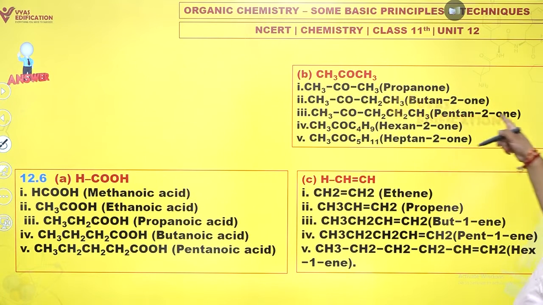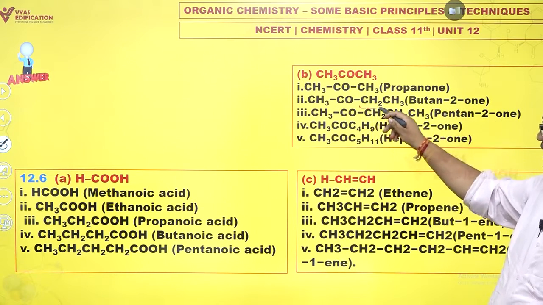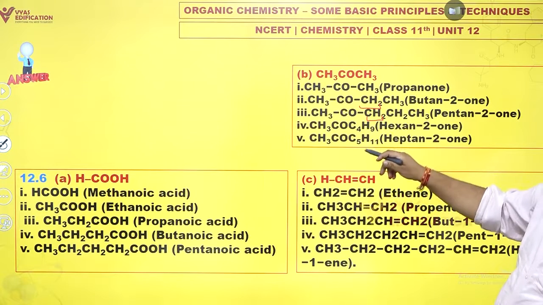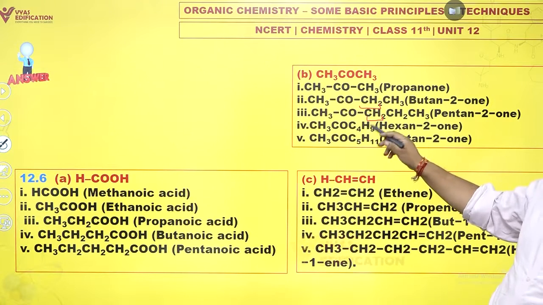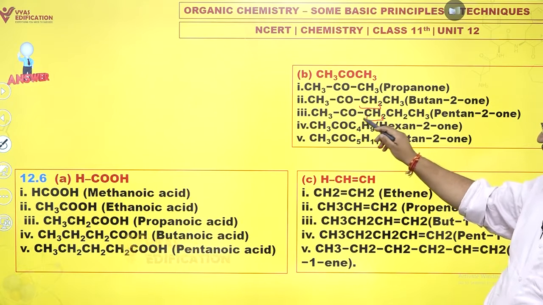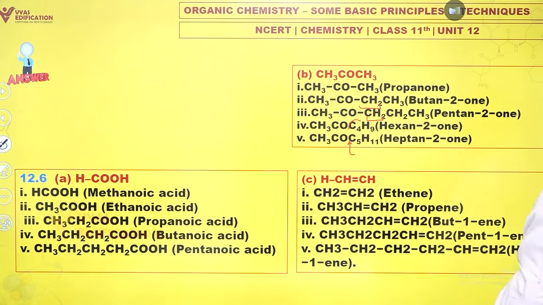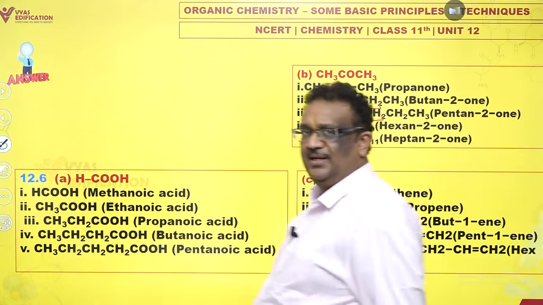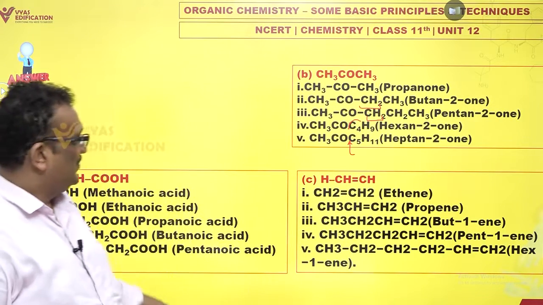Similarly, you have pentan-2-one. What I'm doing, I'm just adding CH2 groups here. Just because we were afraid of making this too long, we have just added one more CH2 here, one more CH2 here. But overall, these have been the groups, and these are the ketones, as simple as this.